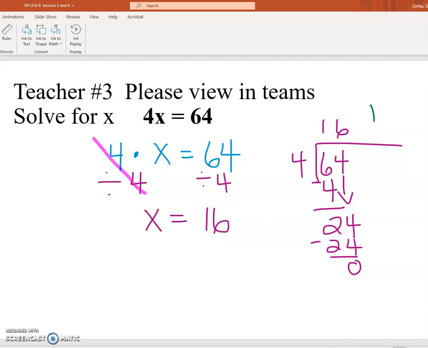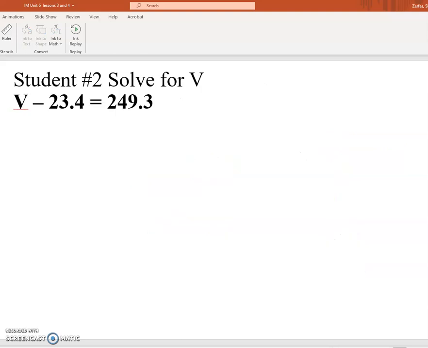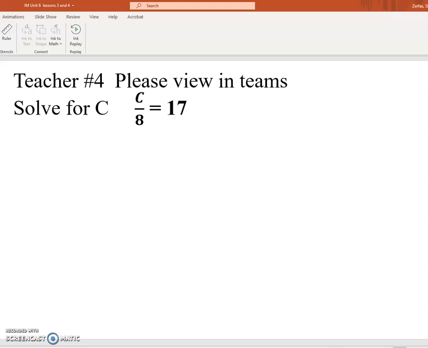Okay, let's look at one last example. Let's solve for one where I have division. This last one, I have solving for C, and C is written here as a fraction. Remember, fractions are another way of showing division, so I'm going to want to use the opposite operation of division, which is multiplication.